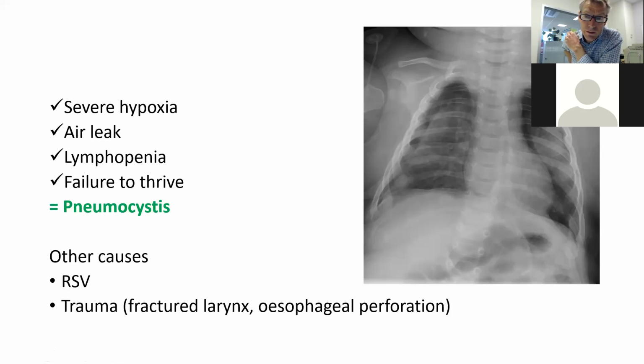I think both sides. Yes. Maybe it's more on the right side than the left, but it's certainly both sides, isn't it? There's a pneumothorax here, and you don't see the lung collapsed. And when you do the X-ray appearance, when you don't see the lung collapsed like that, what does that tell you?